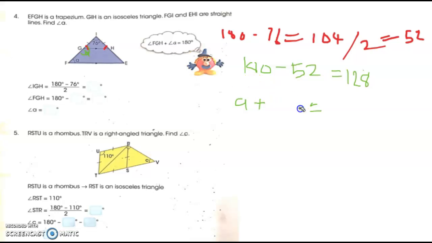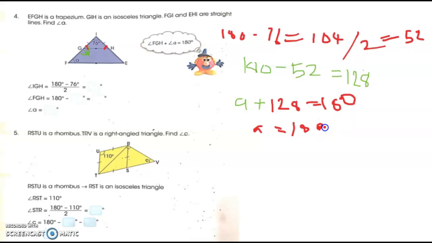See, I just added this one. This is A, and then this 128, which is equal to 180, because in a trapezium, the angles between the parallel sides add up to 180.